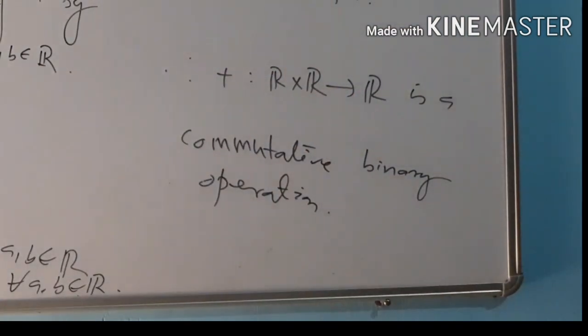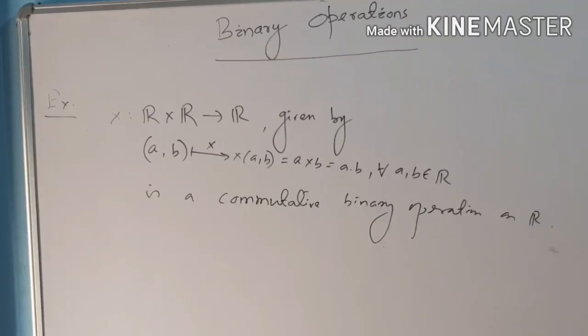Previously I have proved that addition operation is a binary operation, and right now I proved that addition operation is commutative. So therefore addition operation from R cross R to R is a commutative binary operation. I am leaving one exercise.